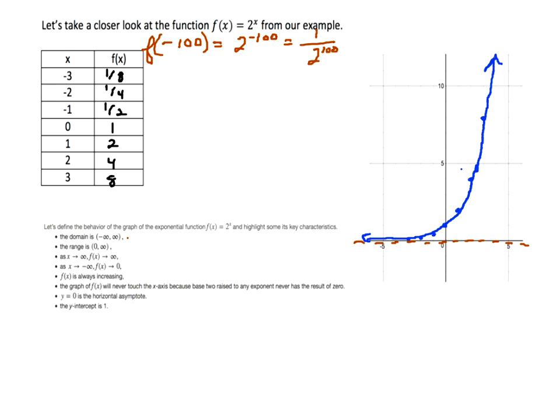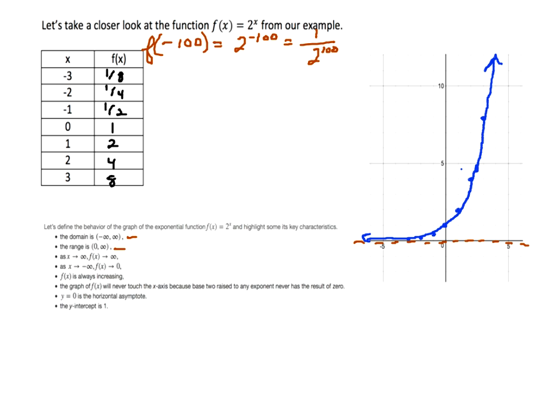So you can see that the domain is negative infinity to positive infinity. For this particular function, the range is 0 to positive infinity. As x approaches positive infinity, our f of x values approach positive infinity as well. As x approaches negative infinity, here's our asymptote, f of x approaches 0.